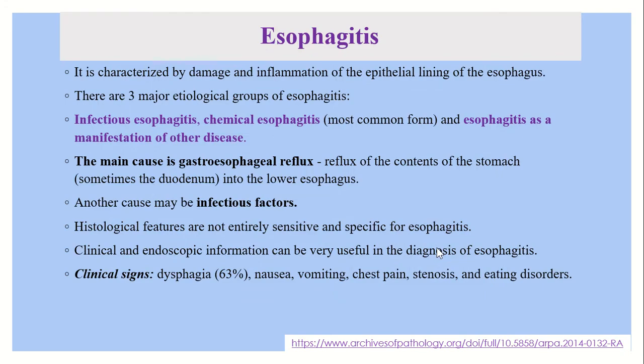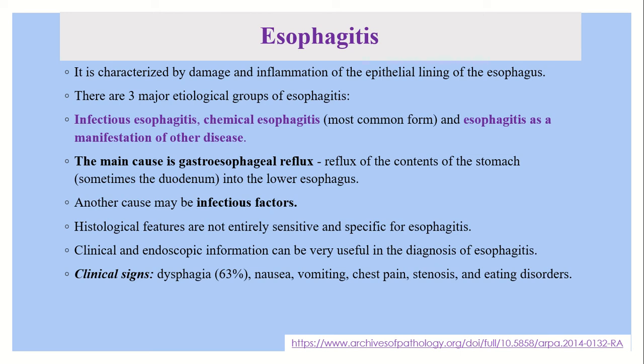Esophagitis is characterized by damage and inflammation of the epithelial lining of the esophagus. There are three major etiological groups of esophagitis. First, infectious esophagitis, and chemical esophagitis, which is the most common form, and esophagitis as a manifestation of other disease. The main cause is gastroesophageal reflux, the reflux of the contents of the stomach, sometimes the duodenum, into the lower esophagus.